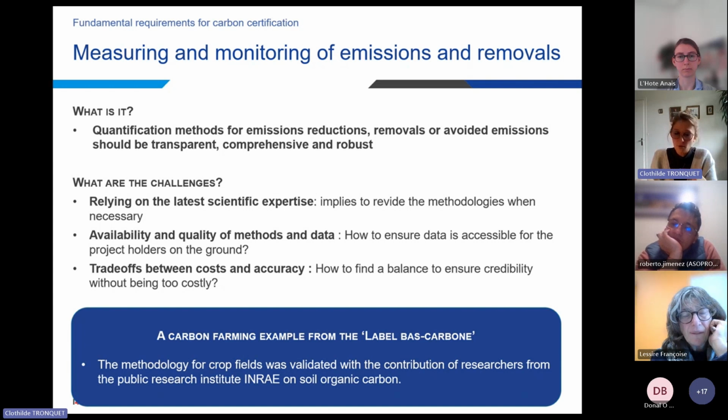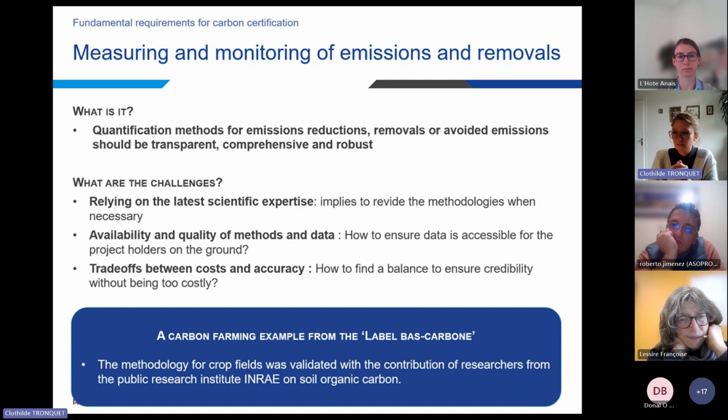And the whole question with that is how do you make the trade-off between costs and accuracy? And this is the very question about carbon certification: what kind of balance do you find between having something that is credible enough without being too costly?